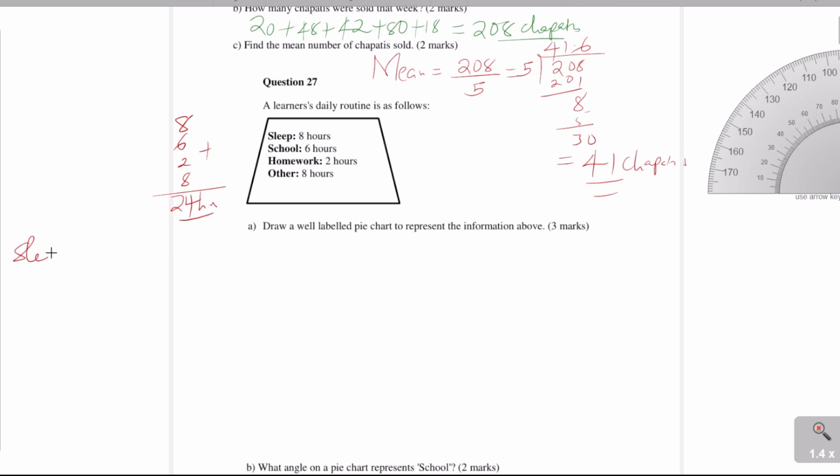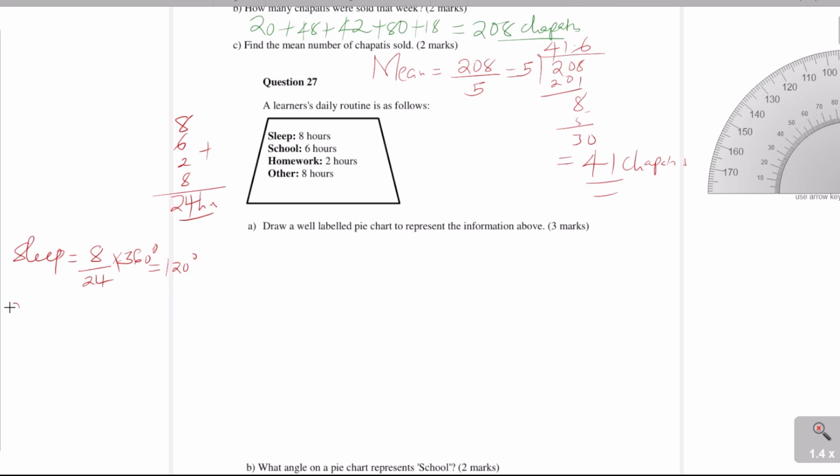So for sleep, what will be the angle? This is how we get the angle: 8 hours over the total number of hours in a day, then times 360, 360 being the sum of angles in a circle or angles at a point. So you work that out, and that one should give 120 degrees.